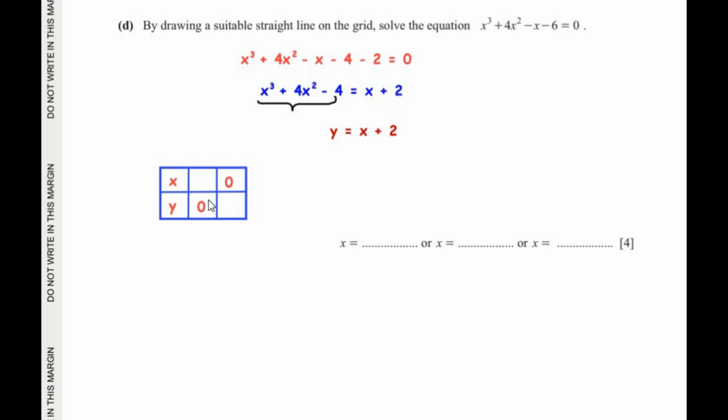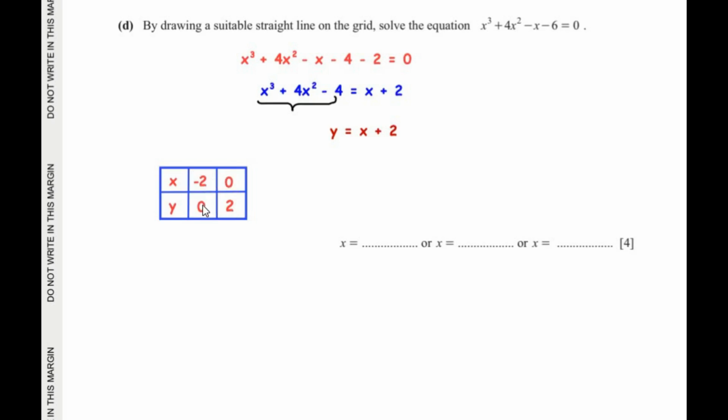So to get 2 points, first I am going to make x equal to 0 in this equation. So when x equals 0 we get the y value as y is equal to 2, and when y is equal to 0 we take 2 on the other side of the equal to sign. So x becomes -2. Now these are the coordinates, that is when x is -2, y is 0 and when x is 0, y is 2.